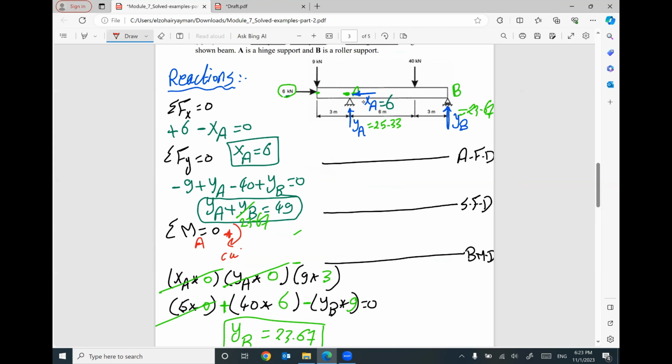So this part of the beam will be under the effect of these 2 forces, 6 kilonewton and 6 kilonewton. The remaining part of the beam will have zero diagram because we don't have anything opposite to each other applying to the rest of the beam. That makes sense?